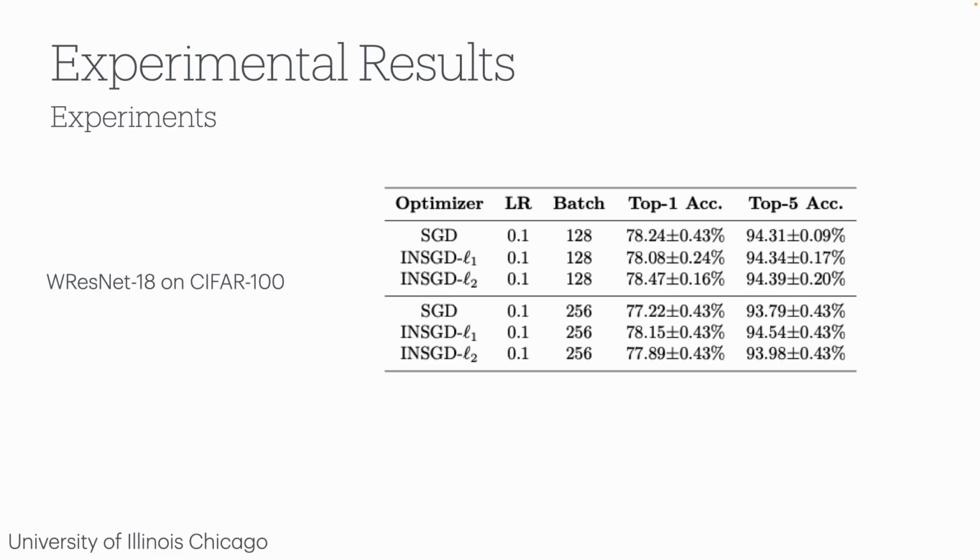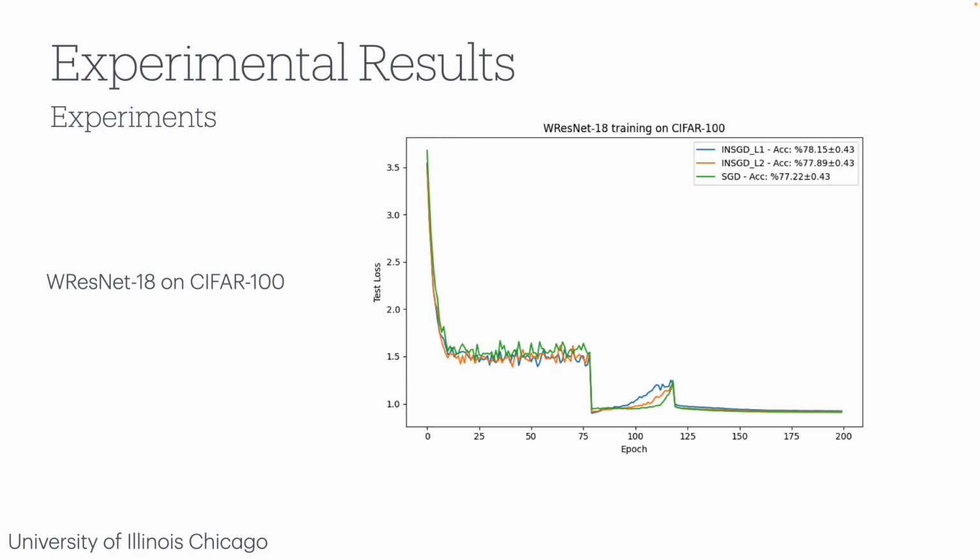Now I will present the experiment details on CIFAR 100 and ImageNet 1K. For CIFAR 100, we used Wide ResNet 18, and for both top 1 and top 5 accuracy results, INSGD performs better than SGD. Similar to CIFAR 10, I want to present the convergence graph of the Wide ResNet 18 training on CIFAR 100. In optimal training settings, INSGD converges better.